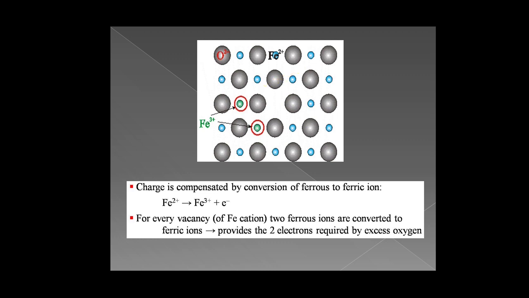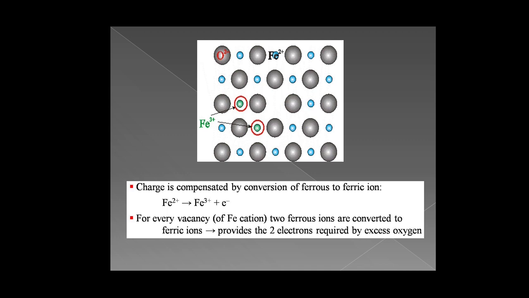So if Fe has 2 positive charge and that is lacking anywhere, another cation at another place will gain an extra positive charge to nullify the effect, or to have a neutral character as a whole for that crystal.